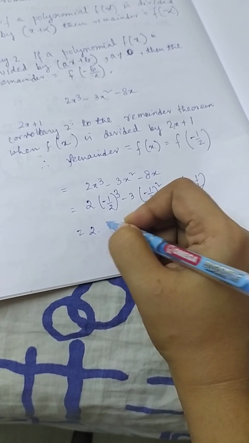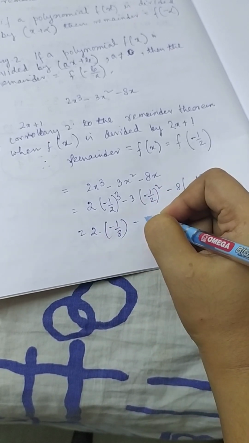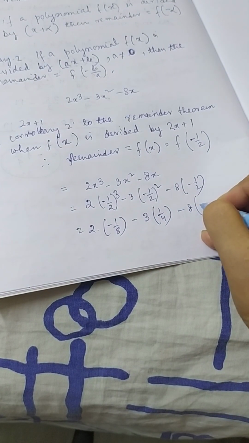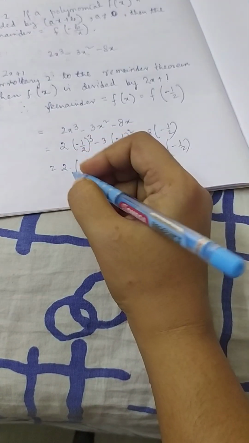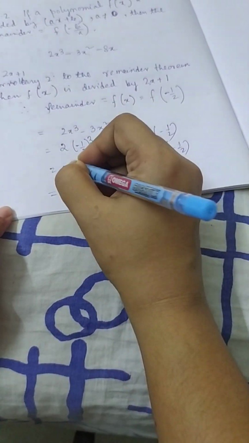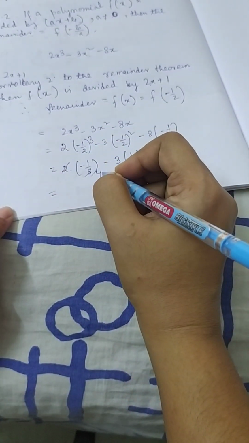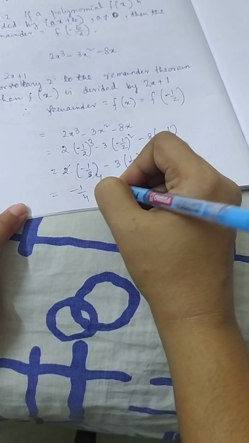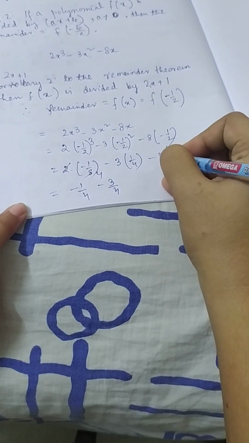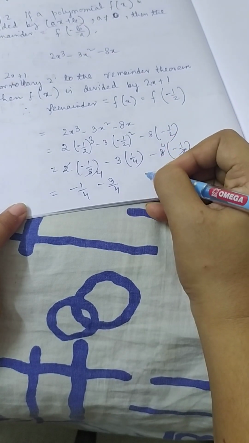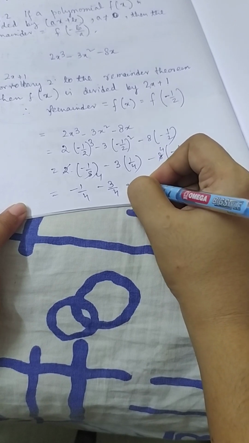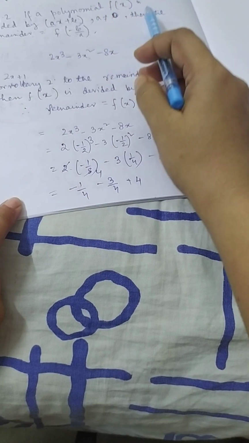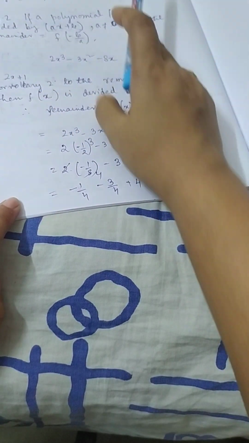So it will be minus 1 by 8 times 2, minus 3 into 1 by 4, and minus 8 into minus half, that is plus 4. Now I will simplify it: minus 1 by 4 minus 3 by 4 plus 4.